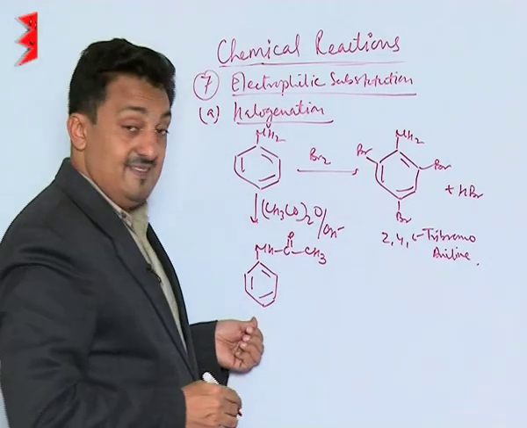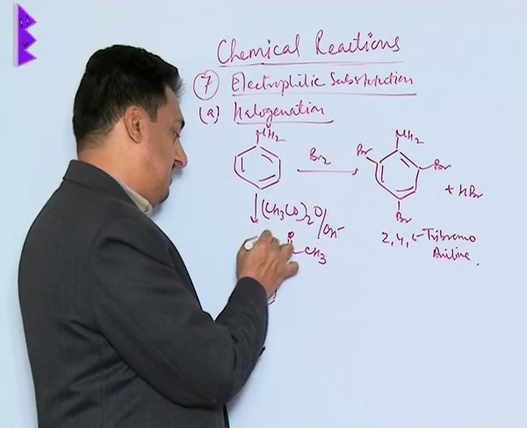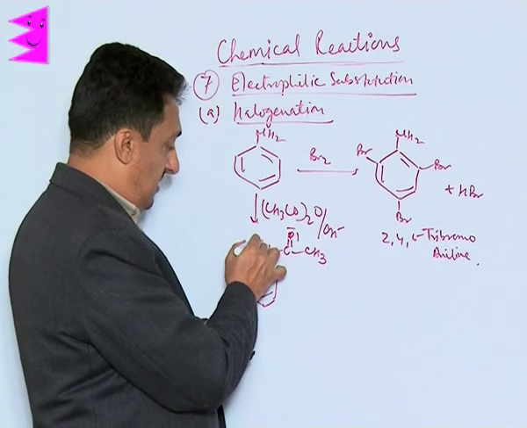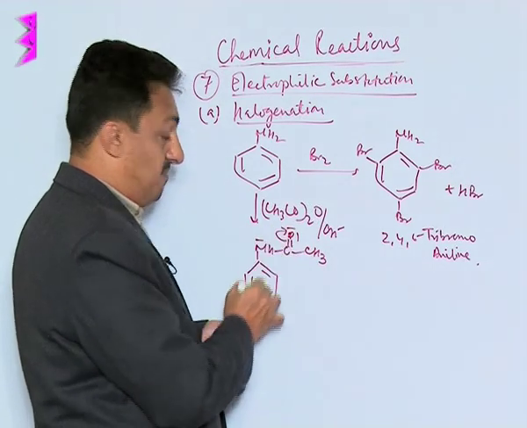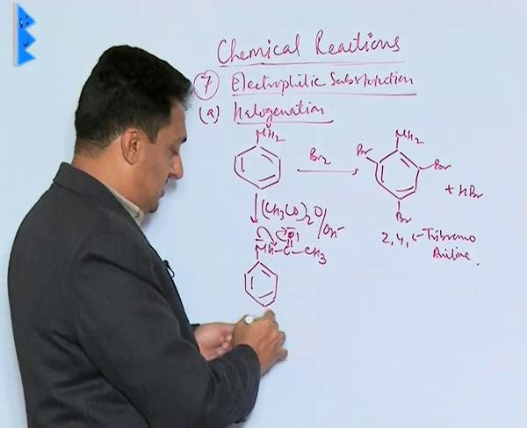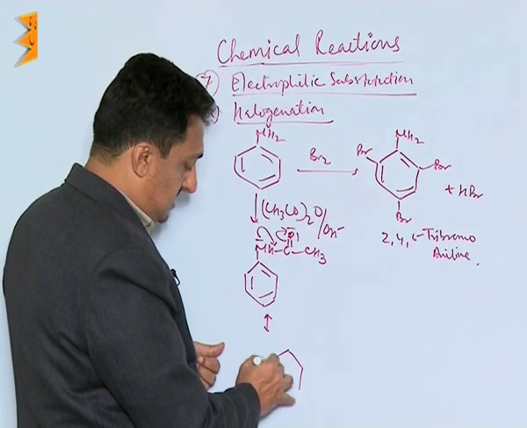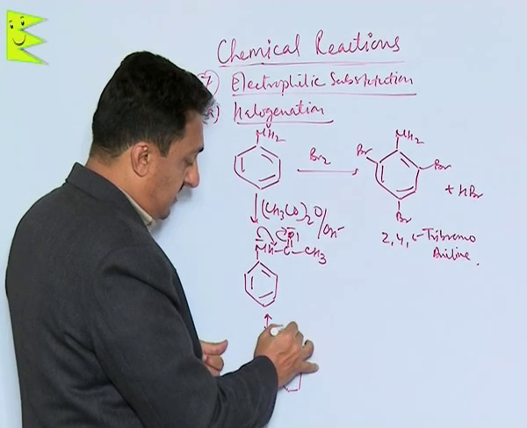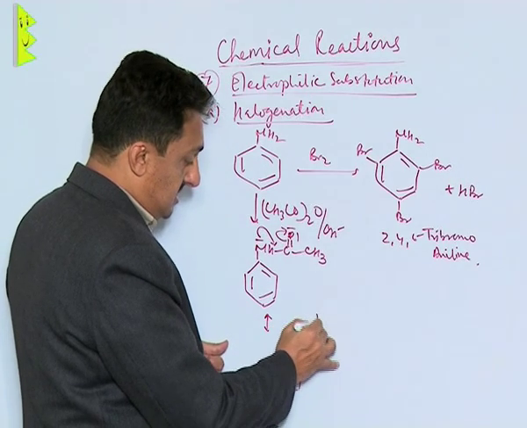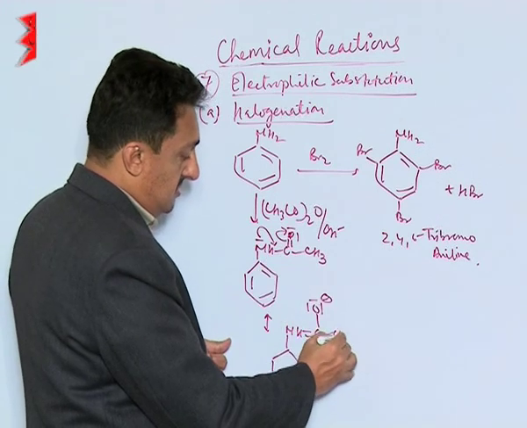This is called acetanilide. Now this acetanilide has a system where the carbonyl group withdraws pi electrons, so N donates its electrons here. So it has a resonating structure like this, in which there is a double bond between this N and this carbon.